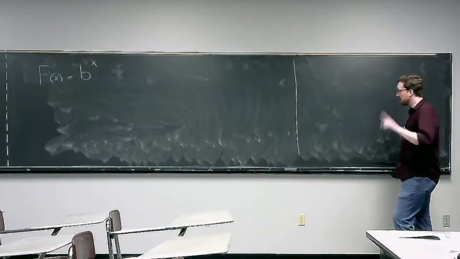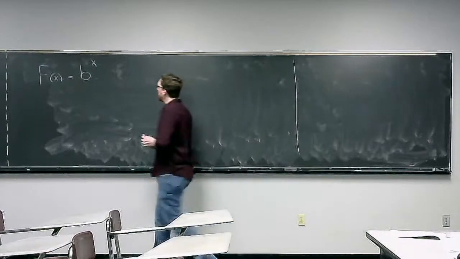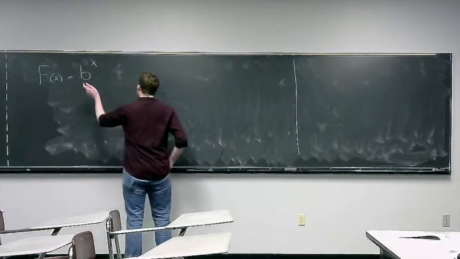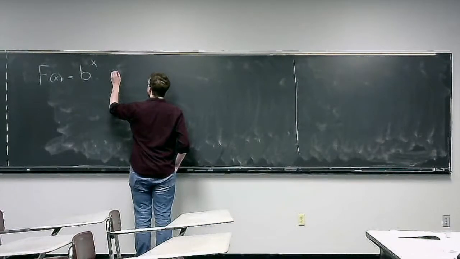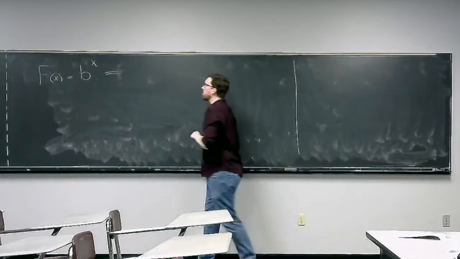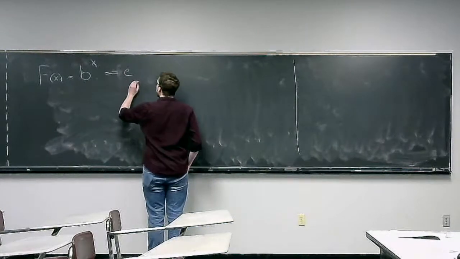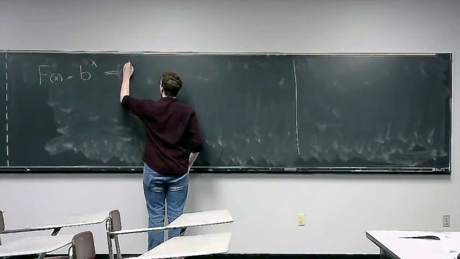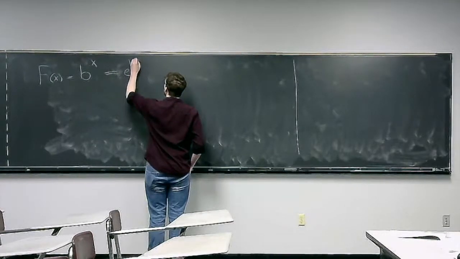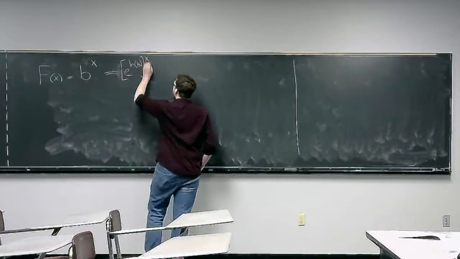Well, there's a trick here we could apply that I think might help. If I remember correctly, and I always do, we could rewrite this as e raised to the ln of b, and all of that raised to the x power.